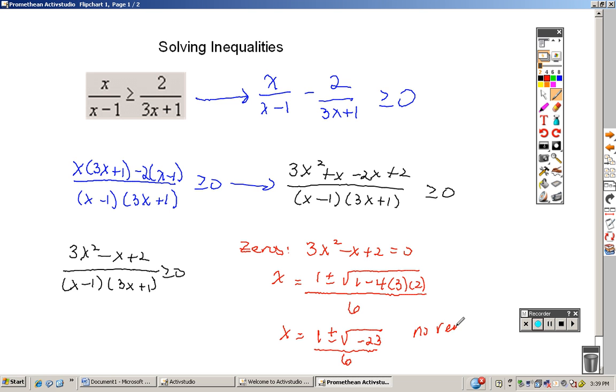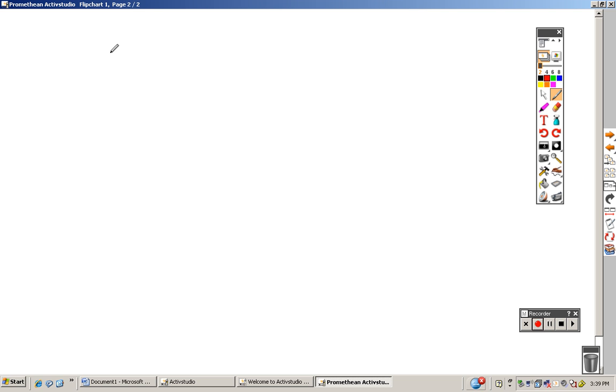All this really means is that when I draw my number line, I do not plot those numbers on the number line. All right, I'm going to flip the page. So we're going to take our problem, which was 3x squared minus x plus 2 over x minus 1 times 3x plus 1 greater than or equal to 0.